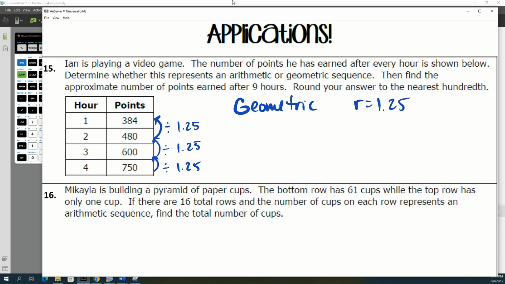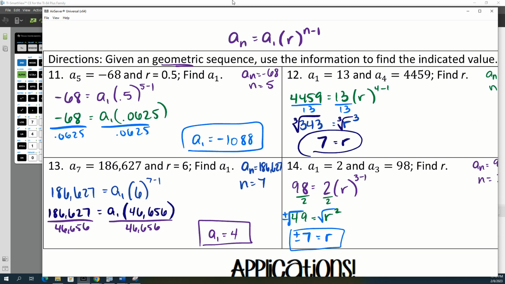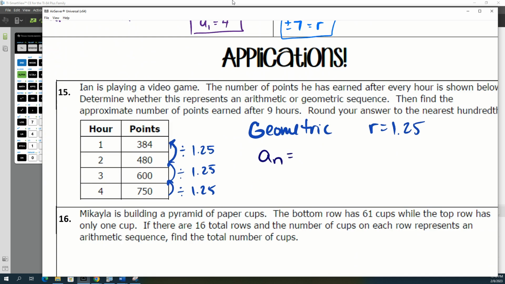Okay, now we're not done, because the second part says to then find the approximate number of points earned after 9 hours. So that's asking us to use a formula, this one right here, because it is geometric, for a sub 9.